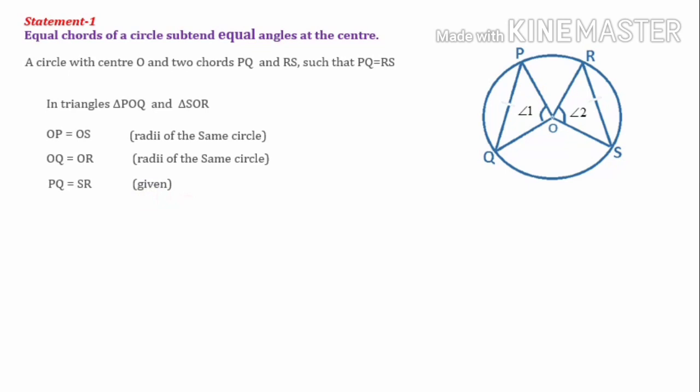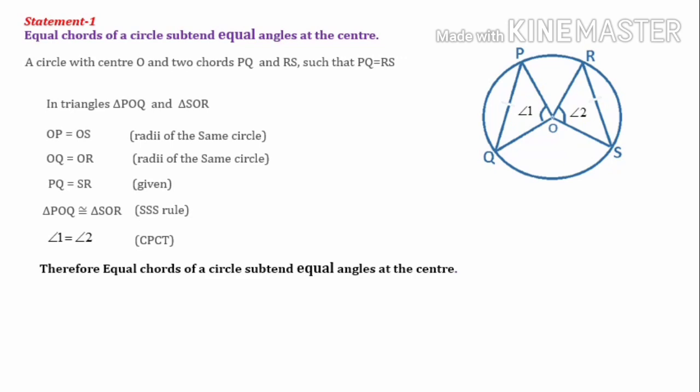So that is given. By SSS congruency, triangle POQ is congruent to triangle SOR, then angle 1 is equal to angle 2 because they are corresponding parts of congruent triangles. Since we have proved angle 1 and angle 2 are equal, we can say that equal chords of a circle subtend equal angles at the center.